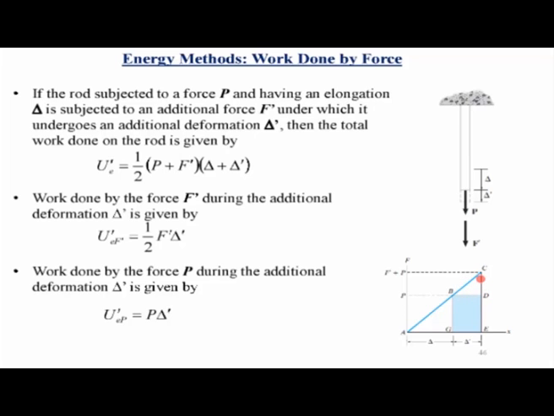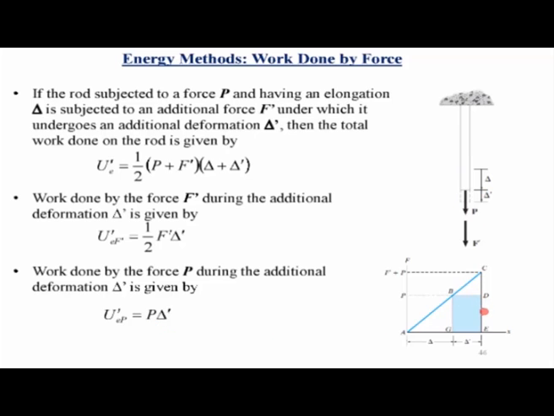Whereas the work done by the force P, which was already applied to get a deformation delta, is given by P times delta dash. That is the additional deformation that occurs after you apply the additional load. So the work done by the load which was already there, due to the additional deformation, is given by P times delta dash.